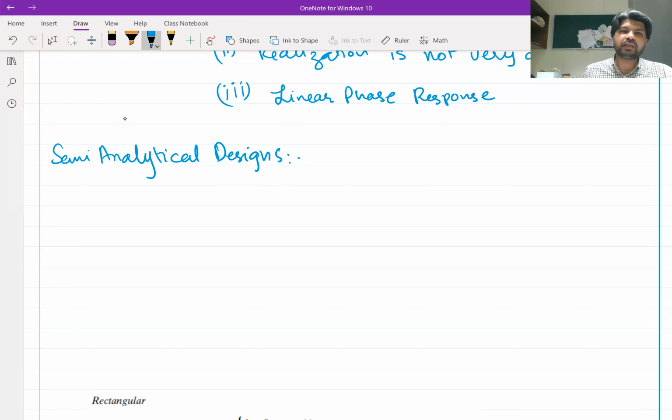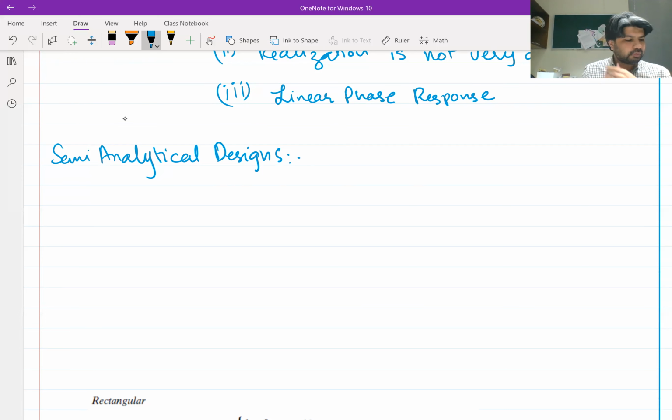But semi-analytical designs allow you to get some idea of what the order should be. And there have been people at Bell Labs who have developed formulas. So given the specs, you can get a rough idea what the FIR filter order should be. By the way, order of the filter just means the number of terms in the FIR filter. So those formulas are available, right?